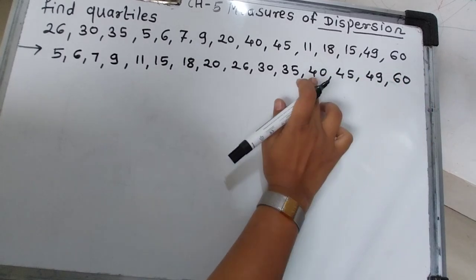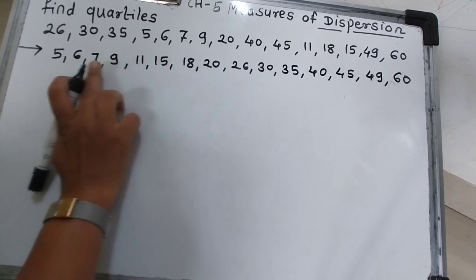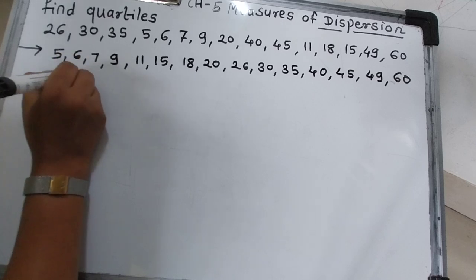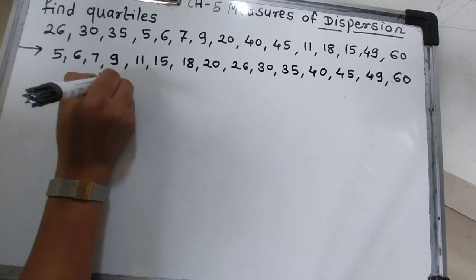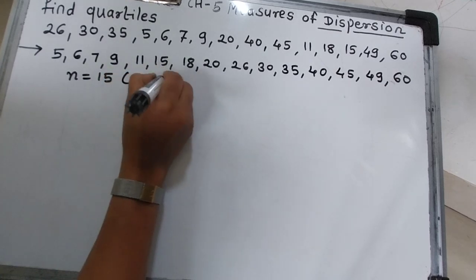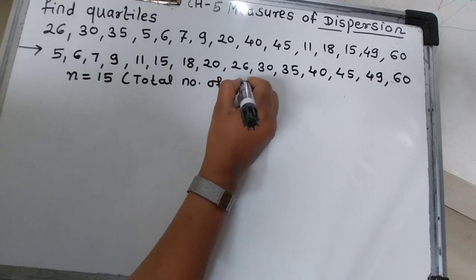Counting 1, 2, 3, up to 15, small n is 15 here, the total number of observations.